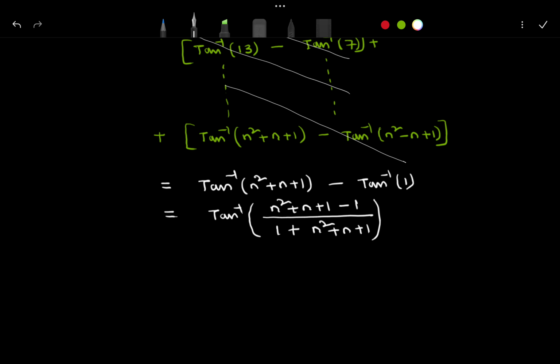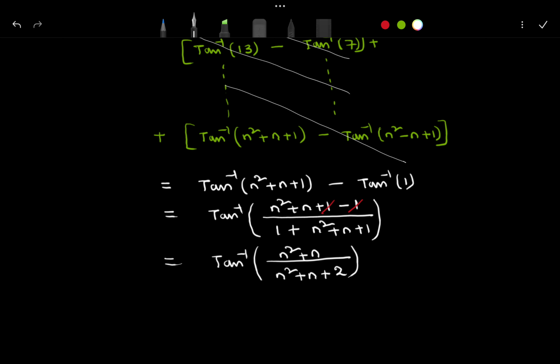So in the numerator, plus 1 and minus 1 will be cancelled. These two will be cancelled. Then what is the resultant value? That is equal to tan inverse of n square plus n whole divided by n square plus n plus 1 plus 1, that is 2. So your right answer will be this one.